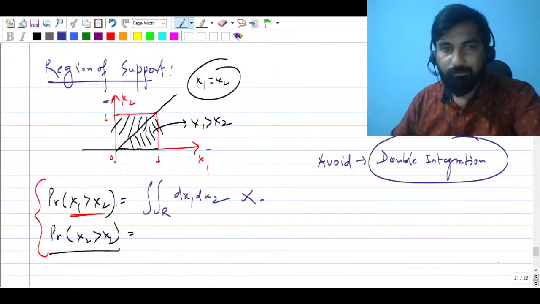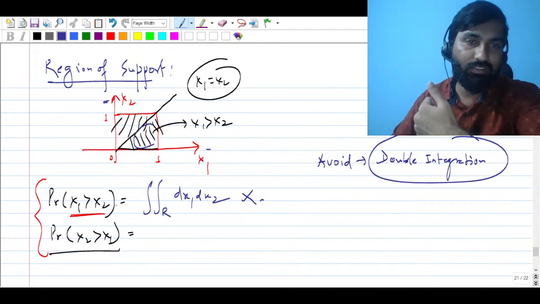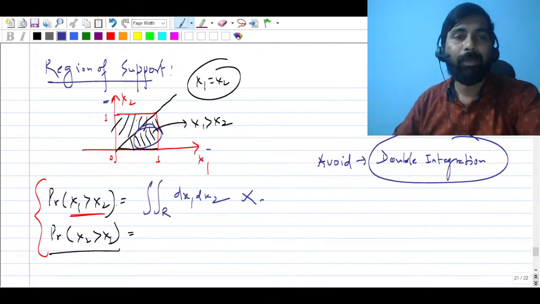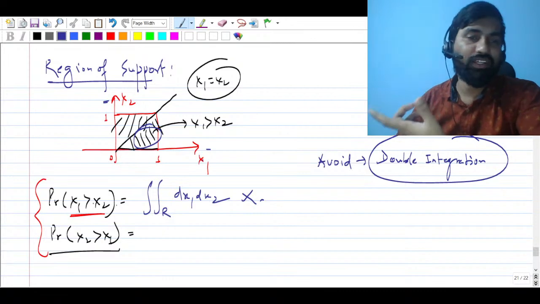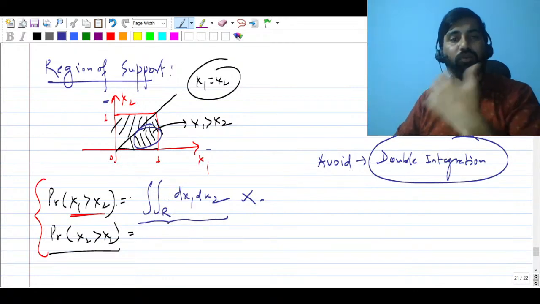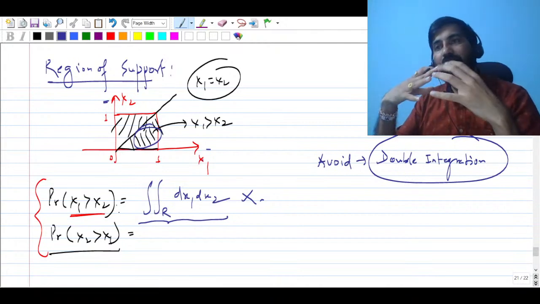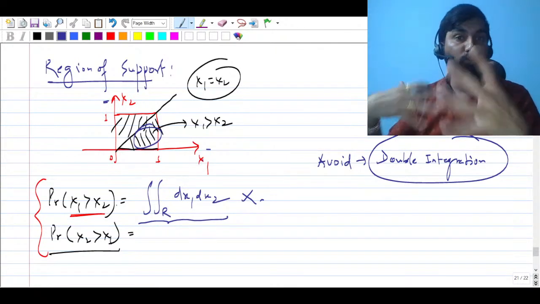So this is a region of support. By looking at the region of support, if you want to find the probability of this, or the area of this, probability is basically the area, right? Few people solve these kinds of questions with the help of convolution as well.